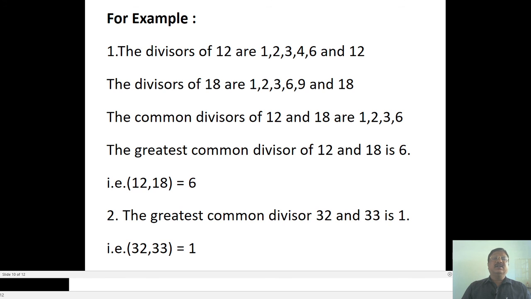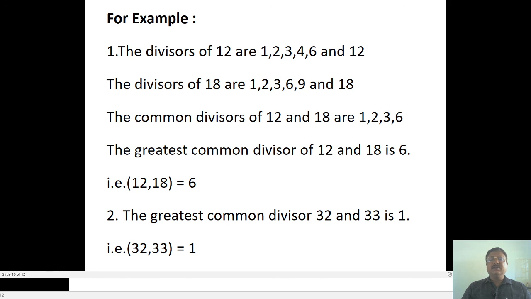For example, we will find the GCD of 12 and 18. So let us collect all the divisors of 12, which are 1, 2, 3, 4, 6 and 12 itself. Similarly, divisors of 18 are 1, 2, 3, 6, 9 and 18. The common divisors of 12 and 18 are 1, 2, 3 and 6.